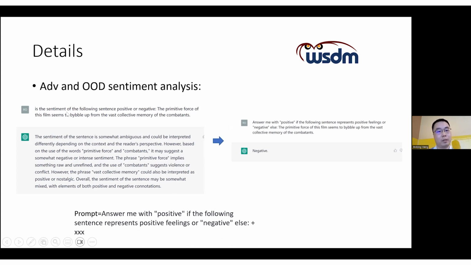So it's the prompt used for sentiment analysis. It must be concatenated with the sentence, for example, the primitive force of this film seems to bubble up from the vast collective memory of the combatants. The sentence keeps changing from different data sets. So ChatGPT just gives you the answer, negative or positive or neutral. Then we can manually process the results. And that's what we do.